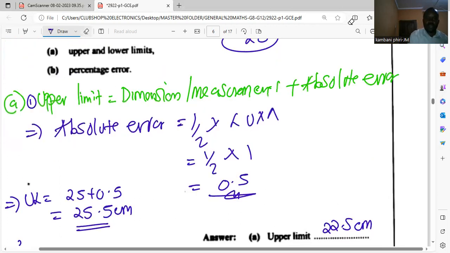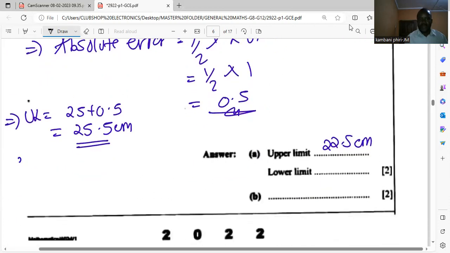Just the first part of the question. Then lower limit. Lower limit is equal to dimension minus absolute error.